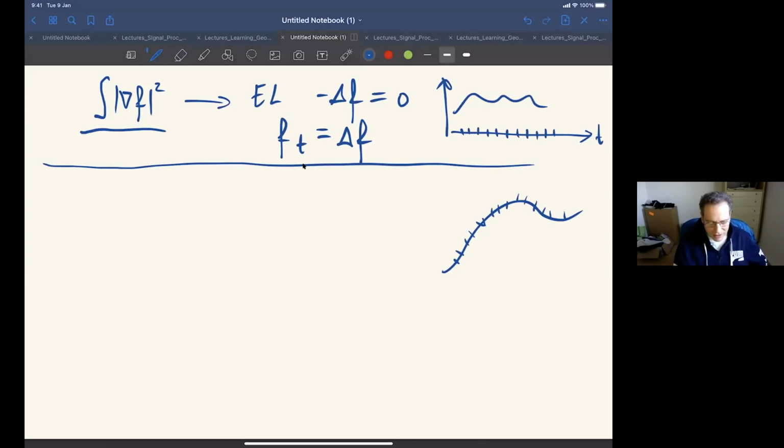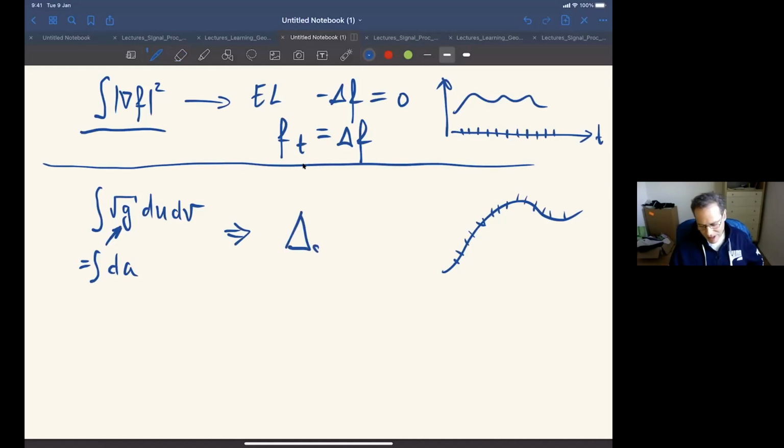Then now, rather than dealing with the Dirichlet energy, I can think of what would happen if I, for example, would like to minimize the area of my manifold. If I had a 2-dimensional manifold, I looked at the determinant of the matrix, and this is actually equivalent to minimizing the area, and the Euler-Lagrange equation here was applying the Laplace-Beltrami operator.